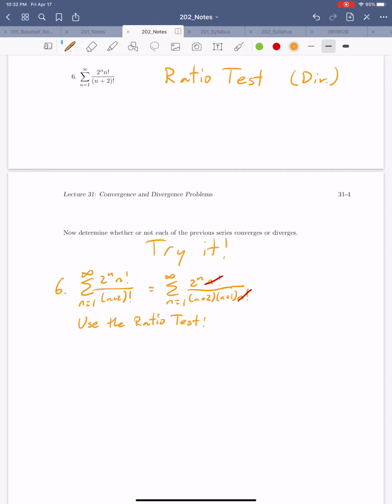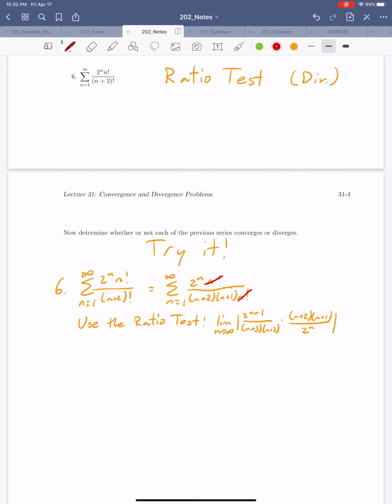All right, the limit as n approaches infinity of the absolute value. I like to write it just to remind myself. 2 to the n plus 1 over n plus 3 times n plus 2, times, and then this is going to be n plus 2 times n plus 1 on the top, 2 to the n, right, we multiply by the reciprocal.